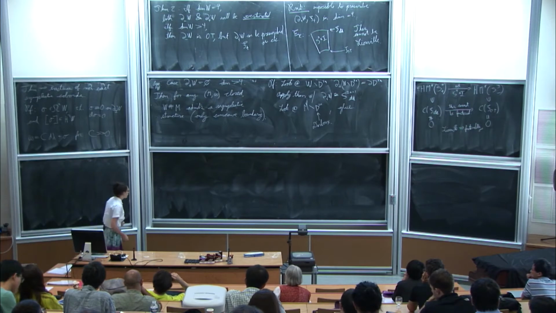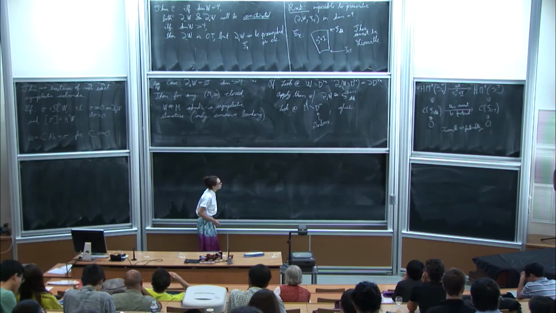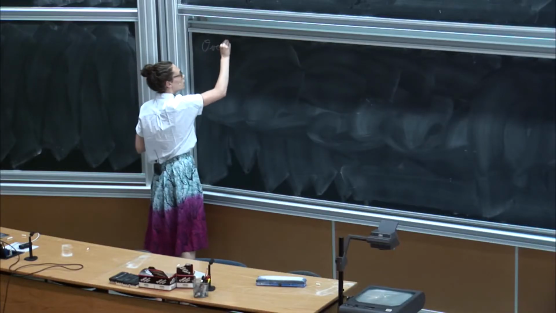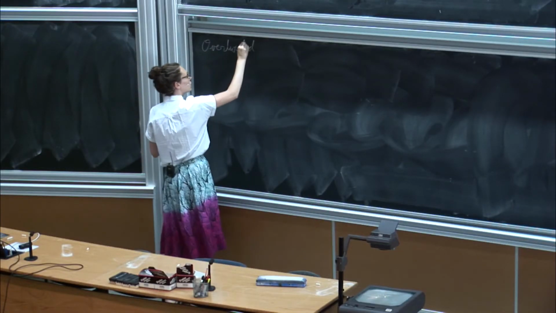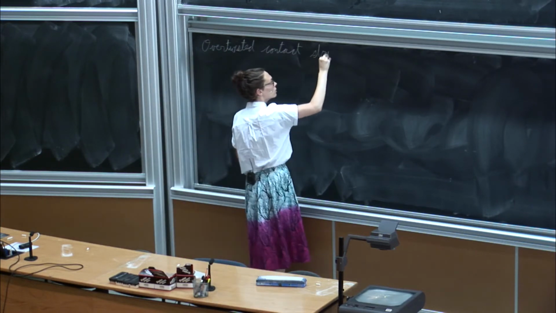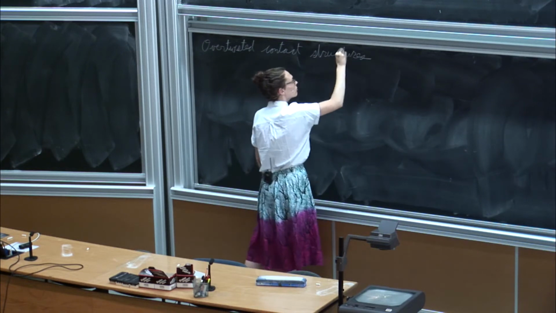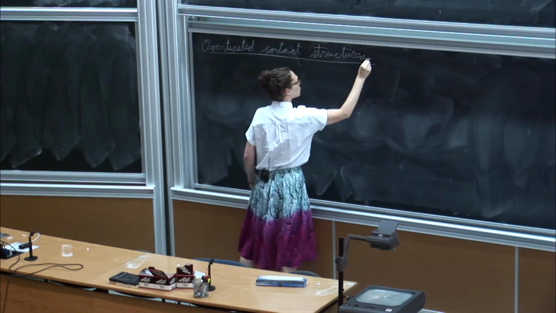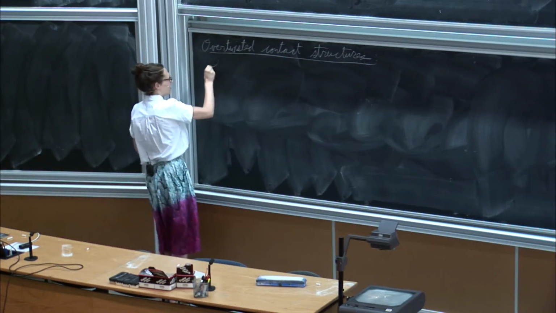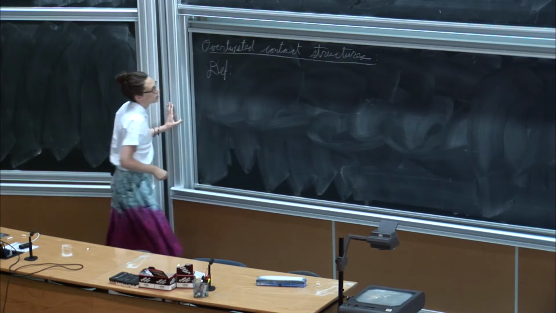So let me do a bit of review of some overtwisted type things, what kind of properties these satisfy. First of all, let's give a definition.